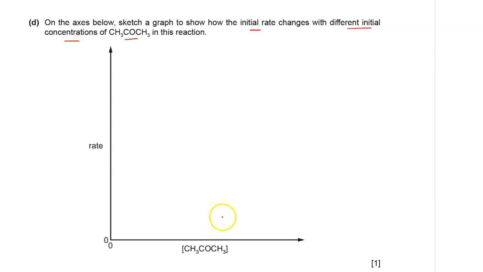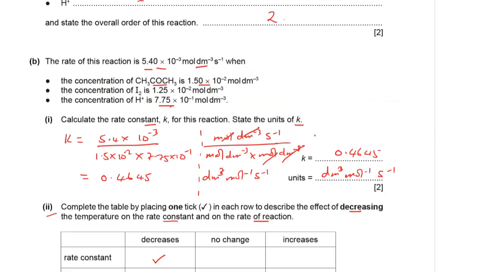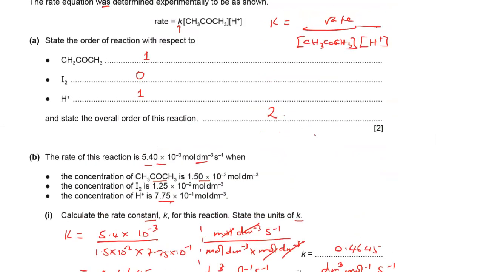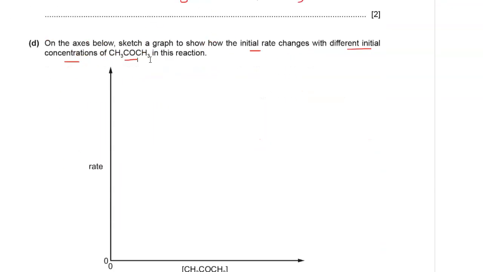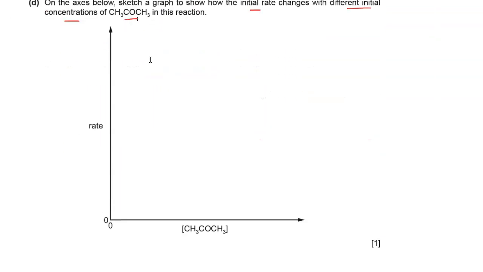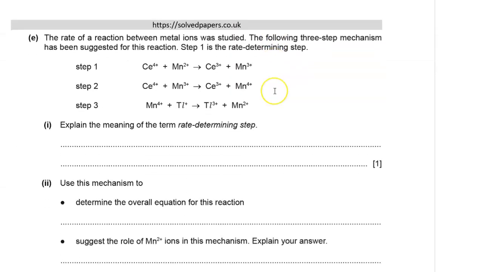This is according to the reaction here. We say that propanol is first order. So for a first order reaction, the rate will be directly proportional to the concentration. So you increase the concentration, the rate will also increase. So the graph looks like that.